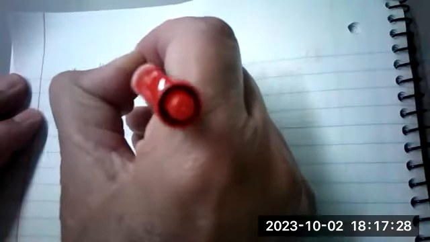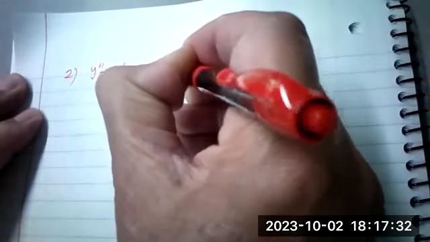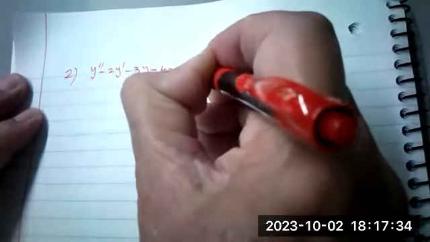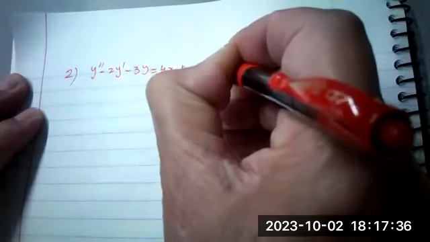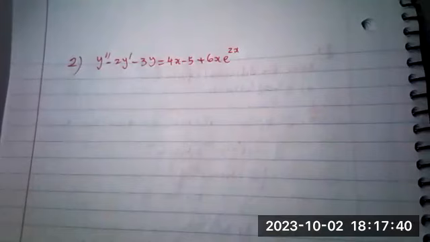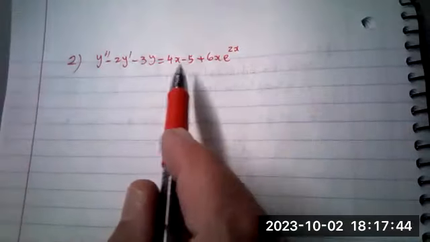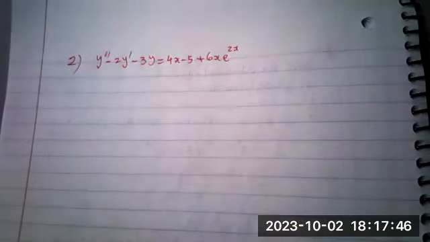Number two, you want to solve this equation: y double prime minus 2y prime minus 3y is equal to 4x minus 5 plus 6x times e to the 2x. See this one. The difference is, in the case of the yp, you have two types of function.